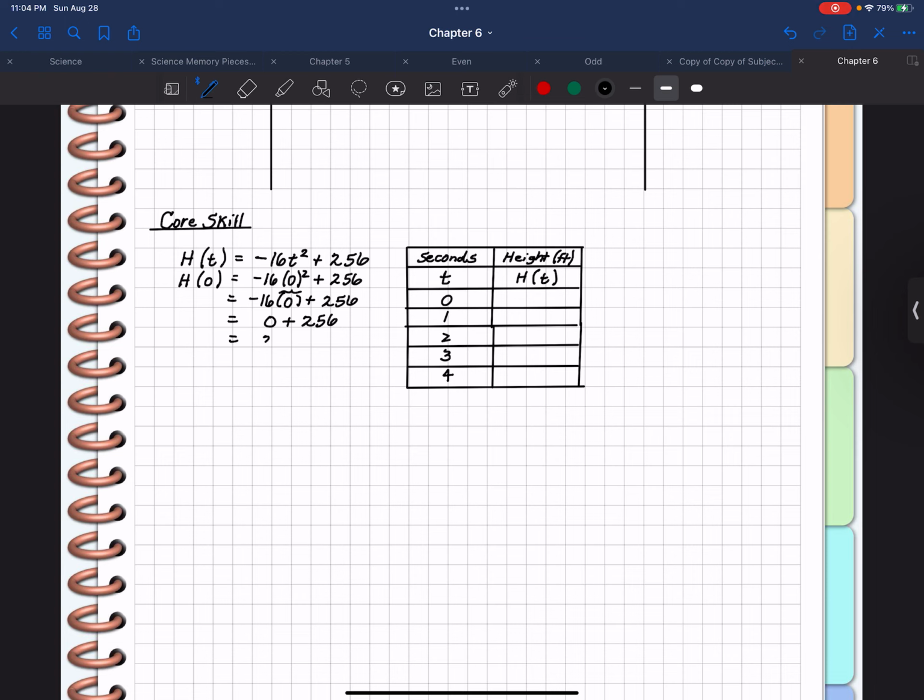We know this is true because when no time has elapsed, the object is at 256 feet.